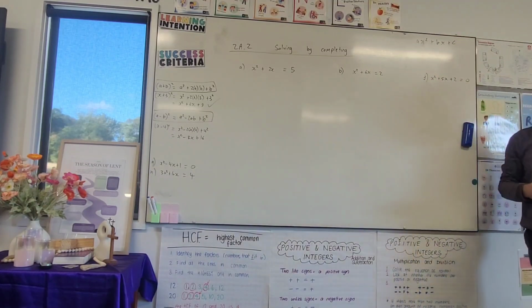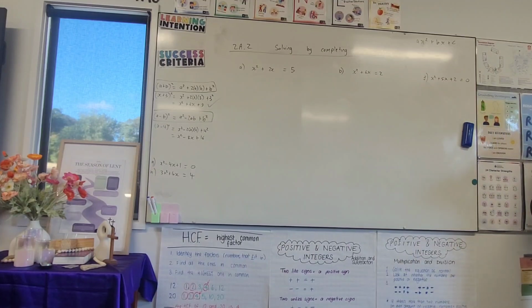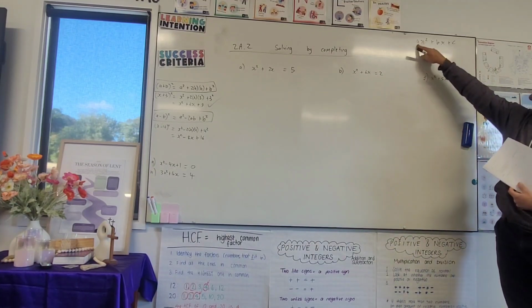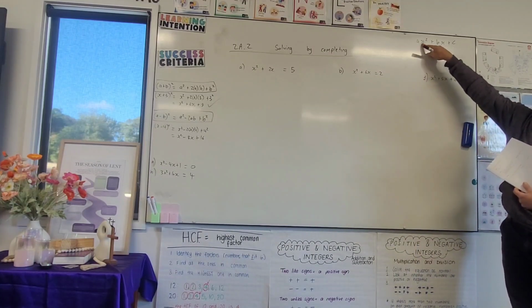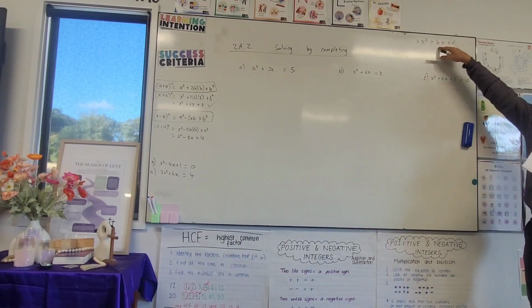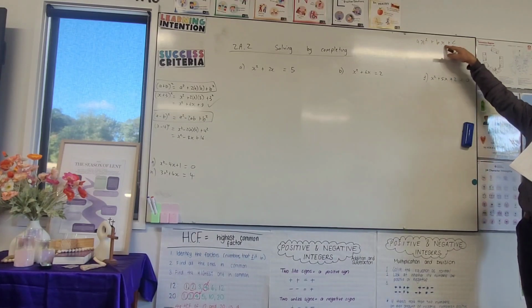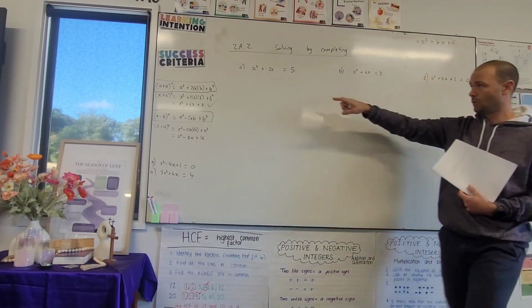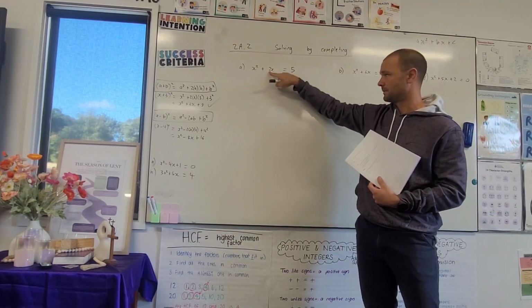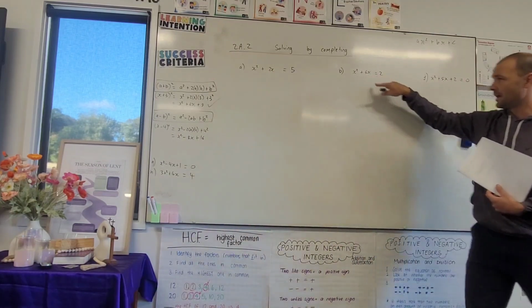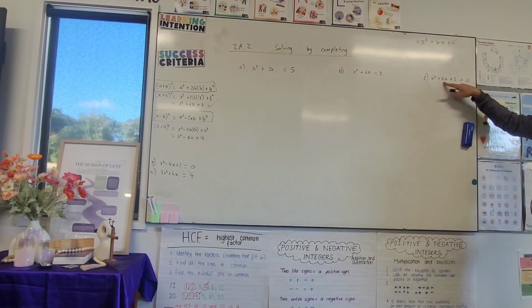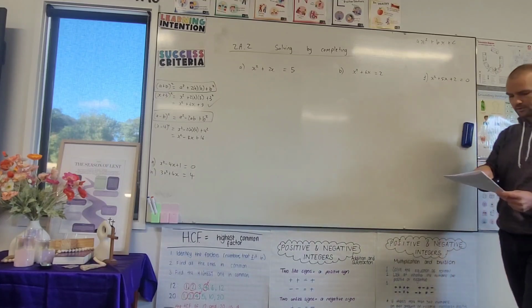This is called the general form of a quadratic. Now a is the coefficient of the x squared term. b is the coefficient of the x term. So all we're doing is asking, what's the number in front of the single x term? And we're adding that divided by 2 squared to both sides.